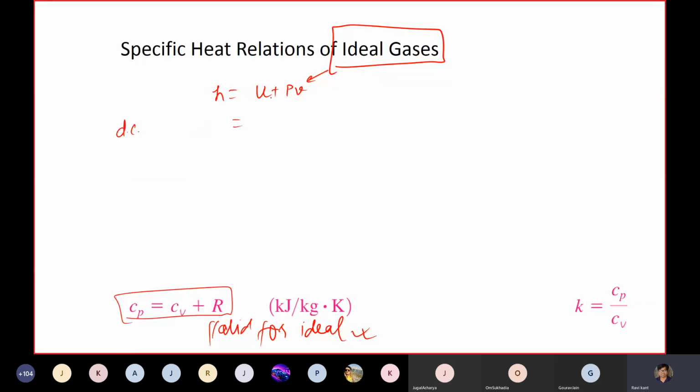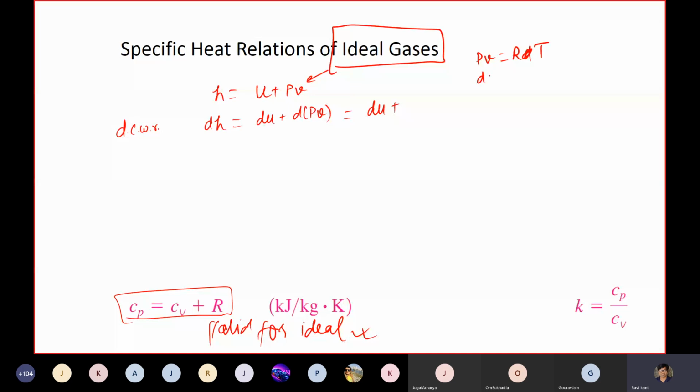The differential equation can be written as dH is equal to du plus d(PV). And for ideal gas, PV is equal to RT, and R is constant, so d(PV) can be written as R dT.